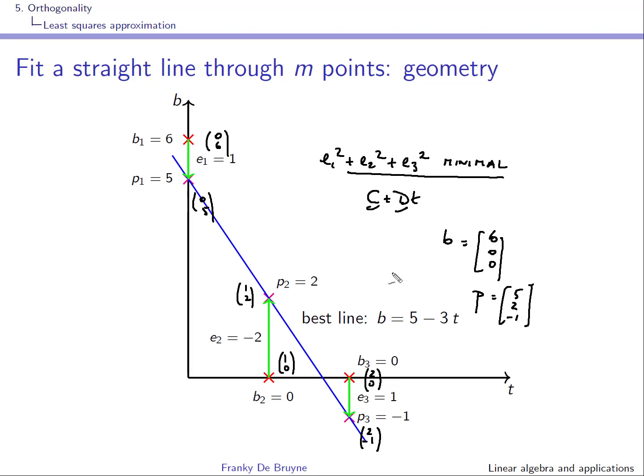Okay, and you can see that the error vector is (1, -2, 1). And you can see indeed that the scalar product of e with p is equal to 0. Okay, but in this geometrical interpretation we want to play with this line over here, which is influenced by the parameters C and D in such a way that the sum of the error squares is as small as possible.